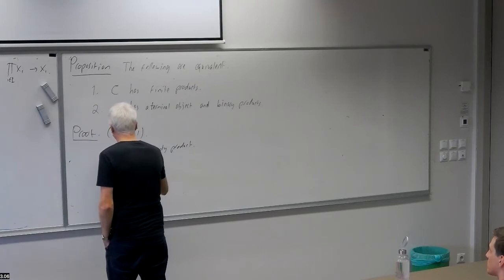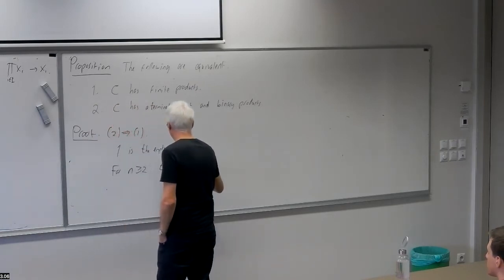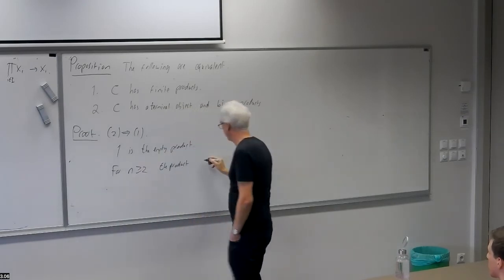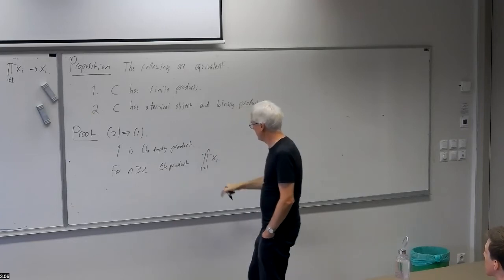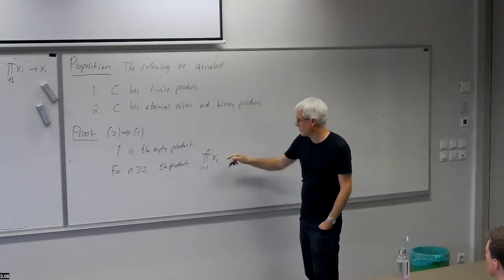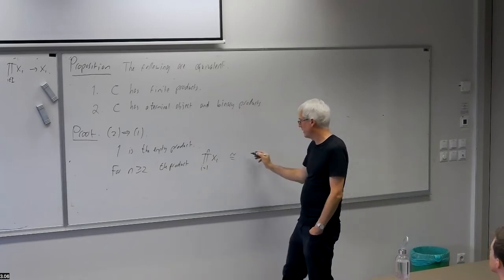So for n greater than or equal to 2, the product of n objects, x sub i from i is 1 to n, can be defined isomorphically just as an iterated binary product.